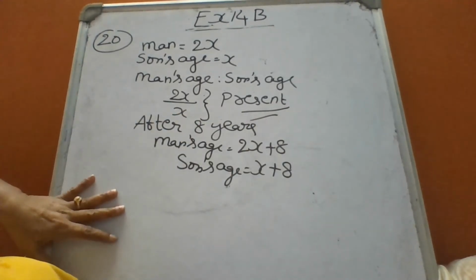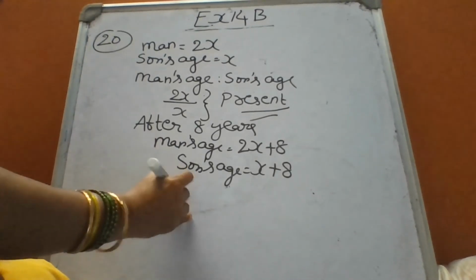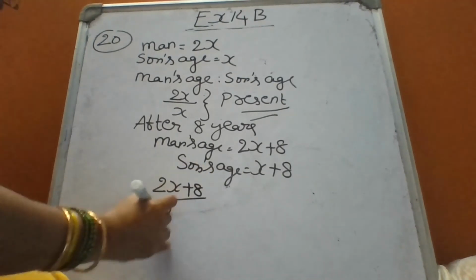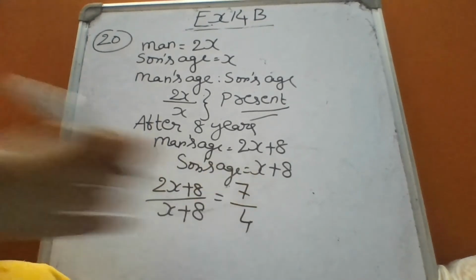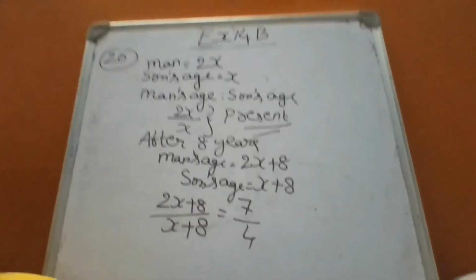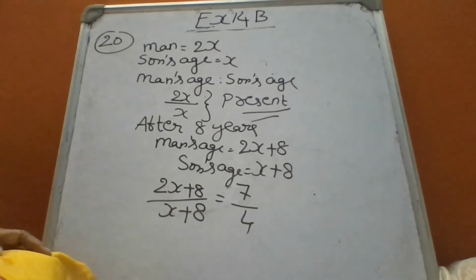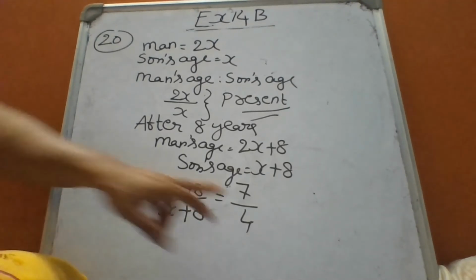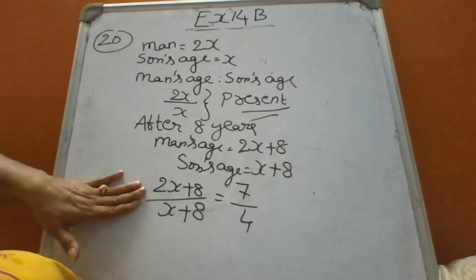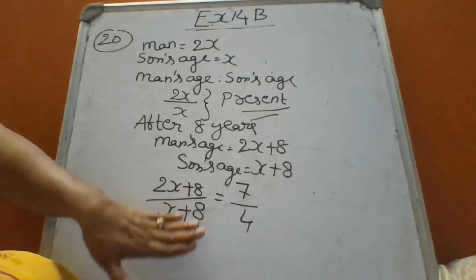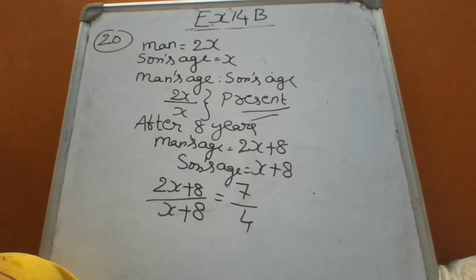So, their ratio, man's age to son's age, will be equal to 7/4. This is the ratio given in the question. After 8 years, their ages will be in the ratio of 7/4. This is according to the question.